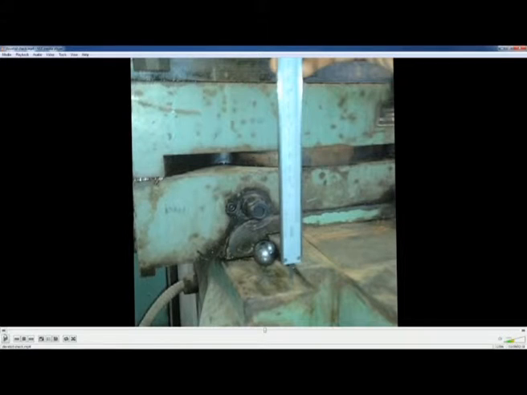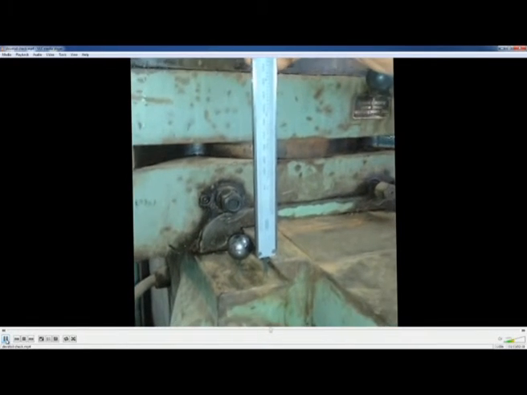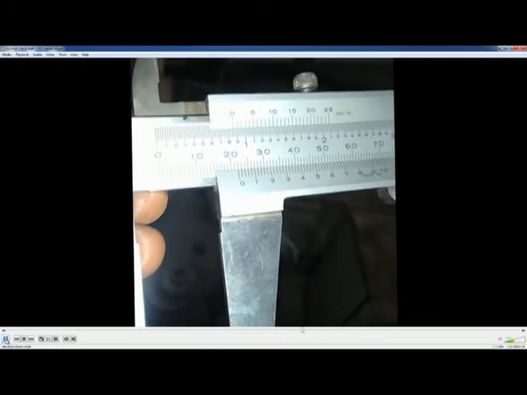Now, we are measuring the depth h. We are measuring the depth h. It is 22 millimeter.